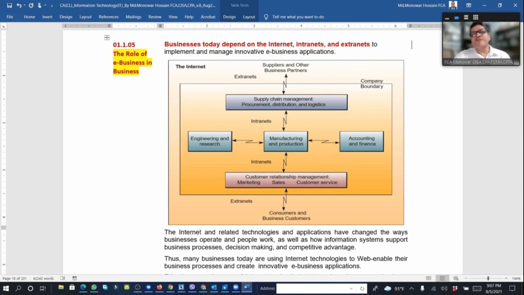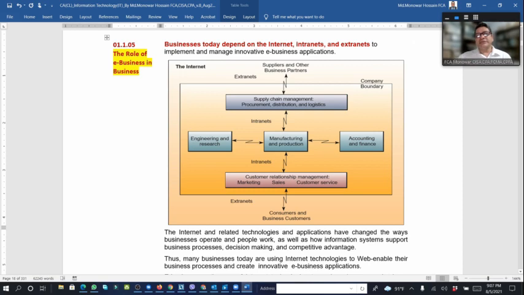And here, manufacturing and production, if we see the middle side, supports engineering and research, accounting and finance within the organization, supply chain management, procurement, distribution, logistics, and also customer relationship, marketing, sales, and customer service.